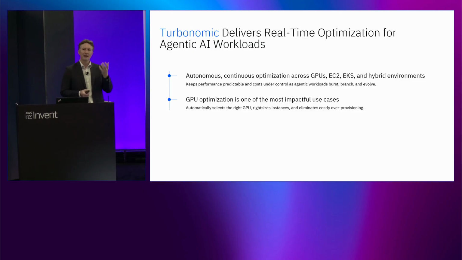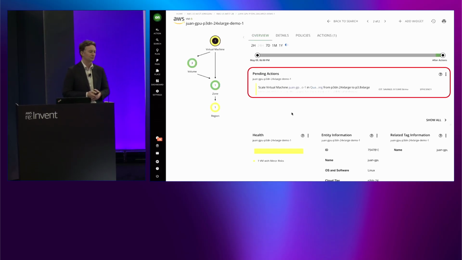But as demand goes down in real time, we'll right-size those instances and reduce them, as well as other resources like memory, to reduce that over-provisioning and deal with some of the challenges that our customers face. By doing this on a continuous basis, it takes a lot of the human error out of it and allows you to know that these agentic AI apps are going to run in a performant manner, but also as efficiently as possible. All right, so I'm going to take you through an example.